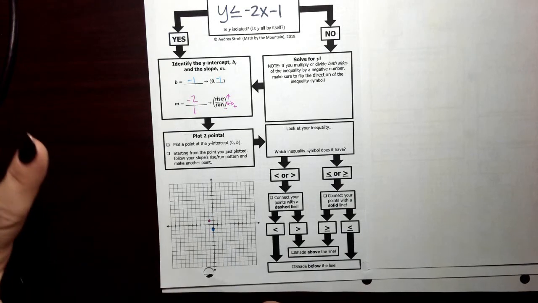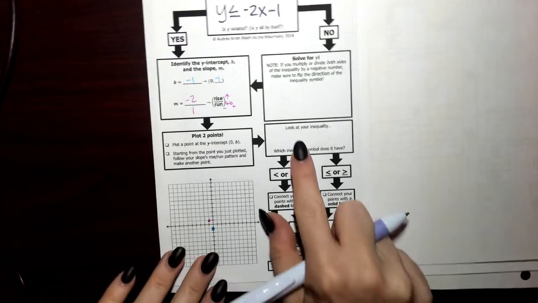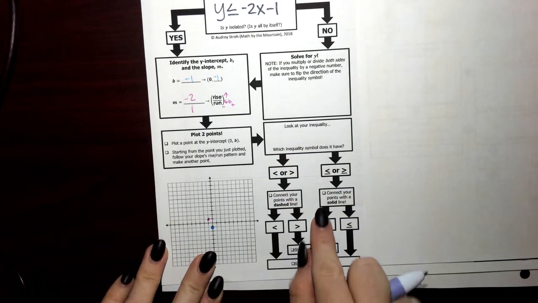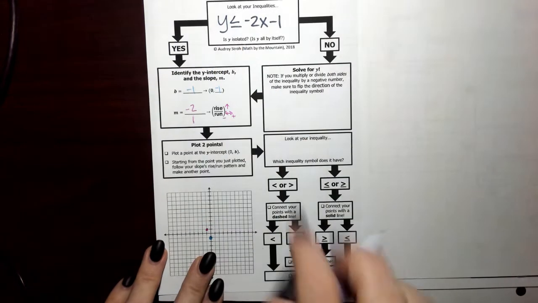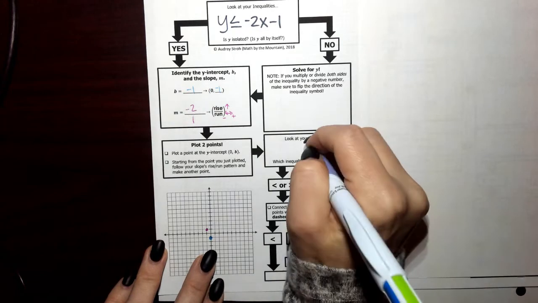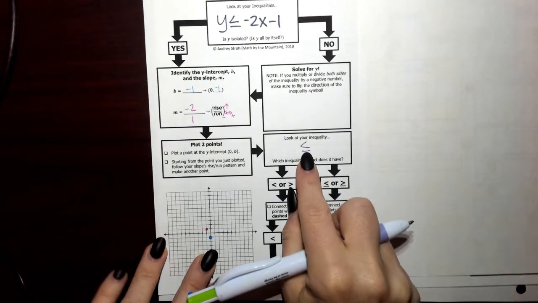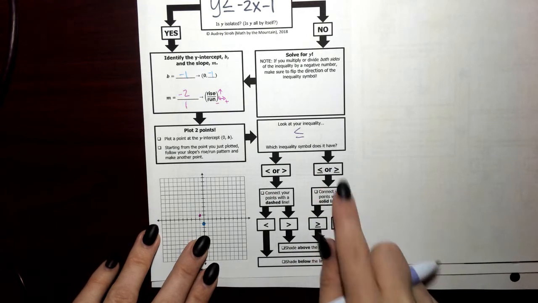Alright, before I just start drawing my line and connecting my points, we want to first keep following. So we want to look at our inequality, our original problem, and which symbol does it have? So it has our less than or equal to sign. So not one of those, it has one of these.